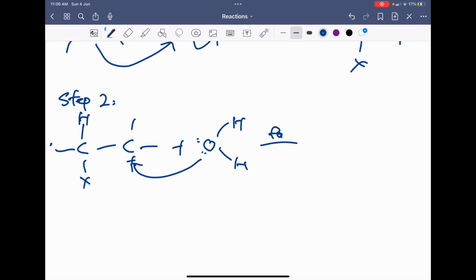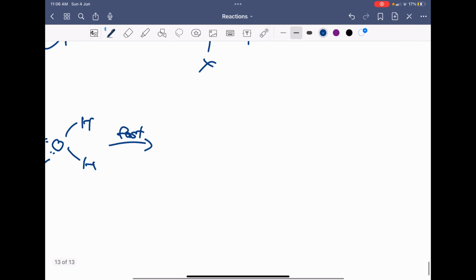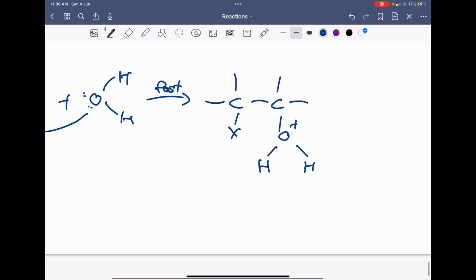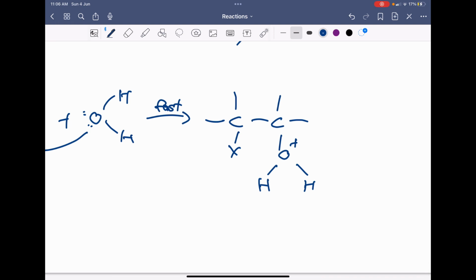And this is the fast step. And note that this is an oxonium ion, but you don't really have to know.